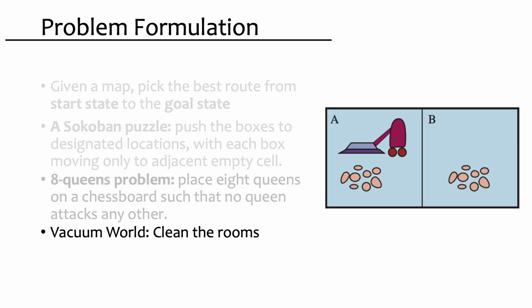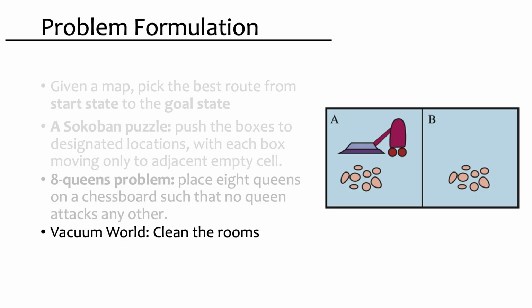Finally, let's consider a simpler problem called the vacuum world. Imagine 2 rooms, Room A and Room B, both potentially containing dirt. Your intelligent agent, a vacuum cleaner, has the objective of cleaning both rooms. Similar to the other problems, the agent has a limited set of actions. It can move left, move right, or clean the current room.